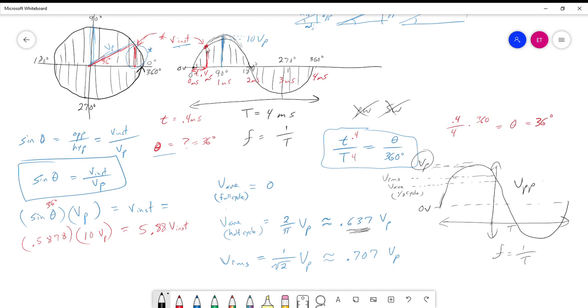You could look for a point on that sine wave and measure the time with vertical cursors off of 0. At what time does that point occur out of the total time? Then use this formula, and you get the phase angle here. Take the sine of it with your calculator times V peak.